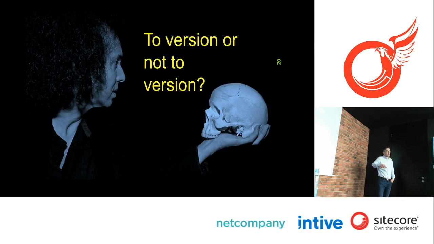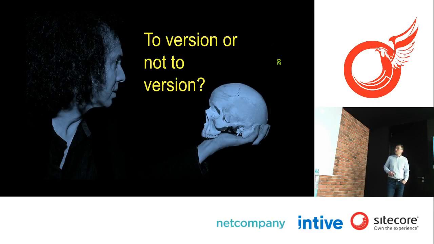However, we can easily think of a setup where developers are responsible for mostly coding, and there are some power authors, let's call them designers, who can set up page layouts and can control how the page looks. And we don't want to version this part of content because they will work with it.